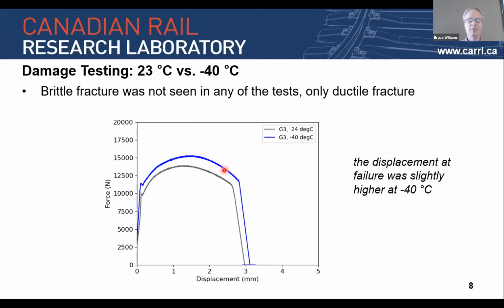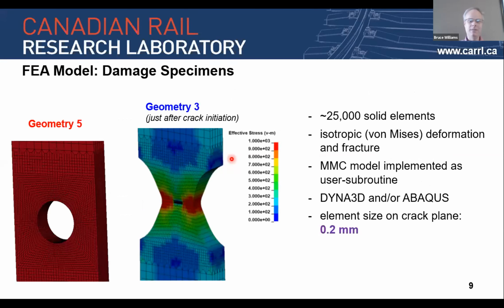That was a bit unexpected. We were expecting to see that sudden drop, but we didn't. At minus 40, at these quasi-static strain rates, we can absorb just as much, if not more energy than at higher rates. So this next slide presents a couple images of the FE analysis.